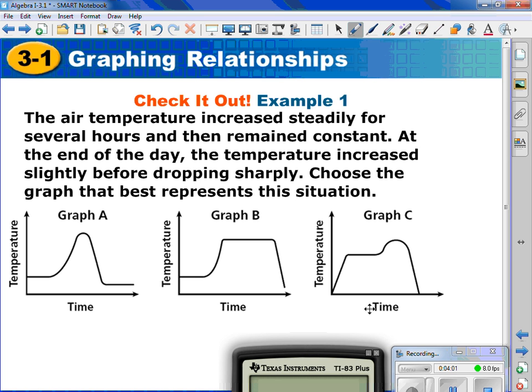I want you to look at this graph and figure out which one's the best representation for the air temperature steadily increased for several hours, then remained constant. At the end of the day, the temperature increased slightly before dropping sharply.